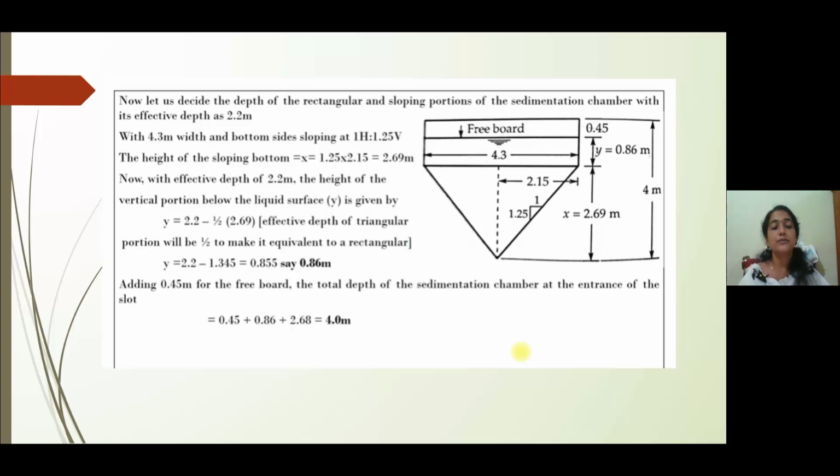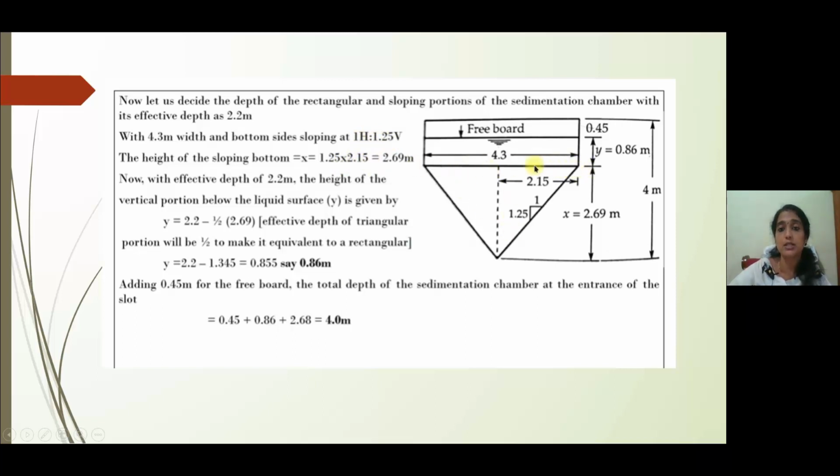This is the height of the sloping bottom, that is x, the dotted line. We can calculate it from the slope given, that is 1:1.25 into 2.15, where 2.15 means 4.3 divided by 2.